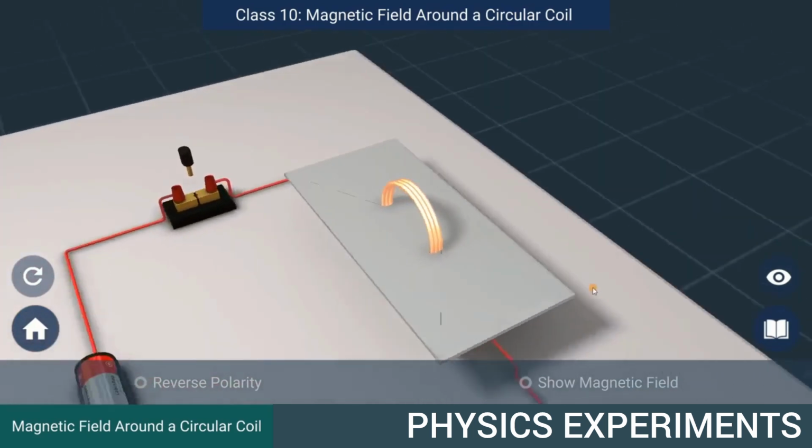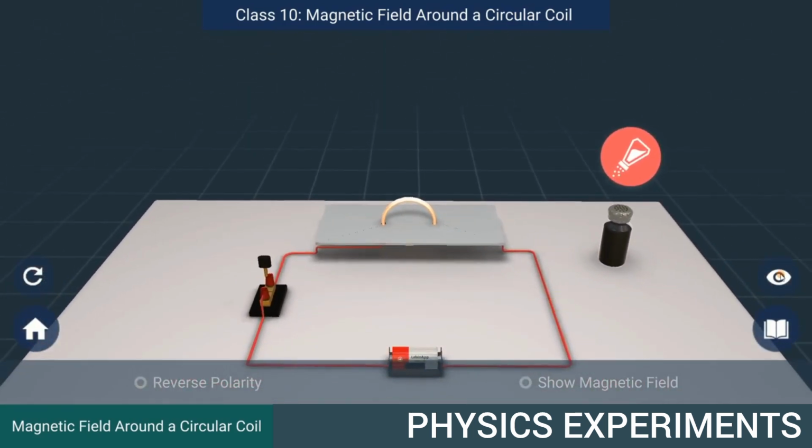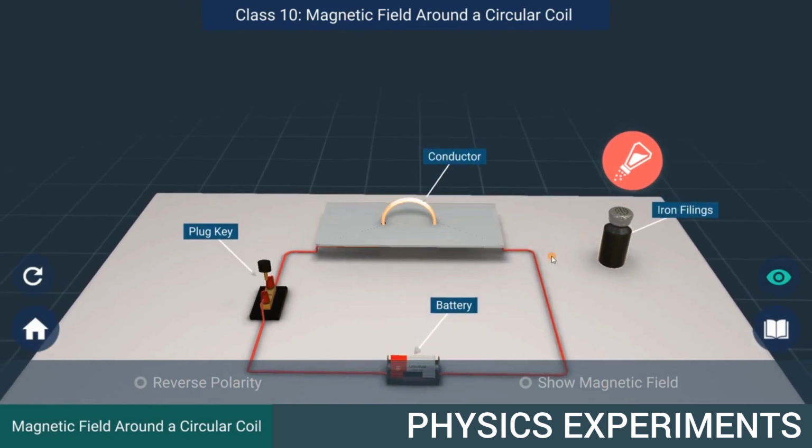Let's check this out. We have taken a circular wire connected in an electric circuit and a sprinkler with iron filings.